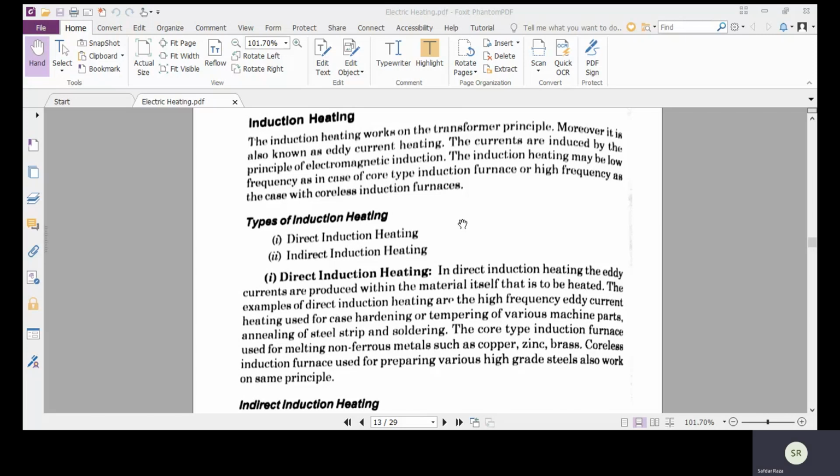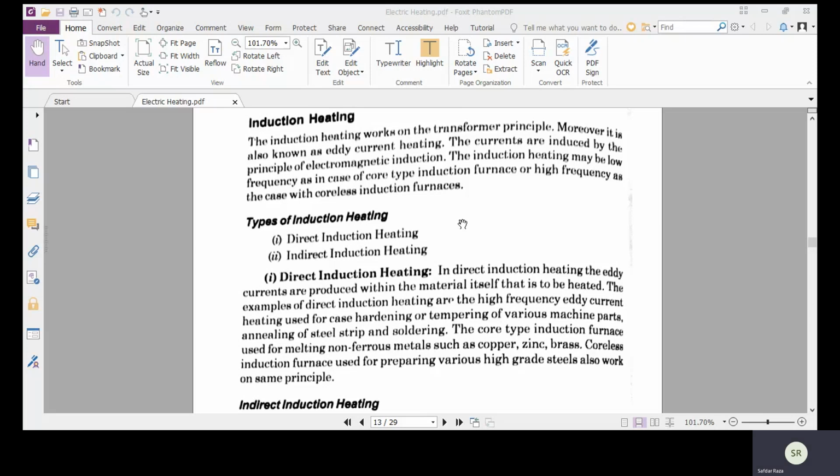Induction heating works on the principle of the transformer, because in a transformer we know that energy is transferred from the primary side to the secondary side on the phenomenon of electromagnetic induction.